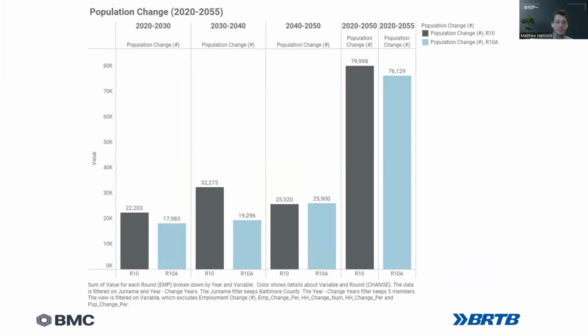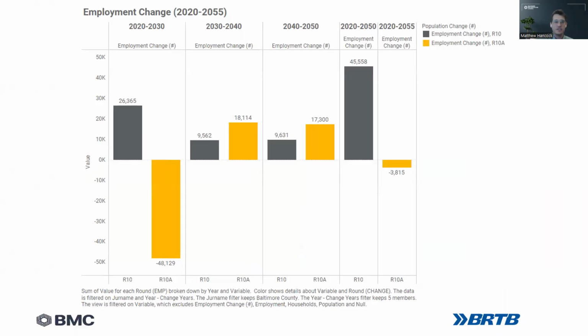Again, we'll see these moderated growth factors here, which is going to be the general story for the majority of jurisdictions, continued growth just at a moderated level. And again, this is just another way of viewing employment change within our frame. And again, you'll see this 2020 to 2030 readjustment here.